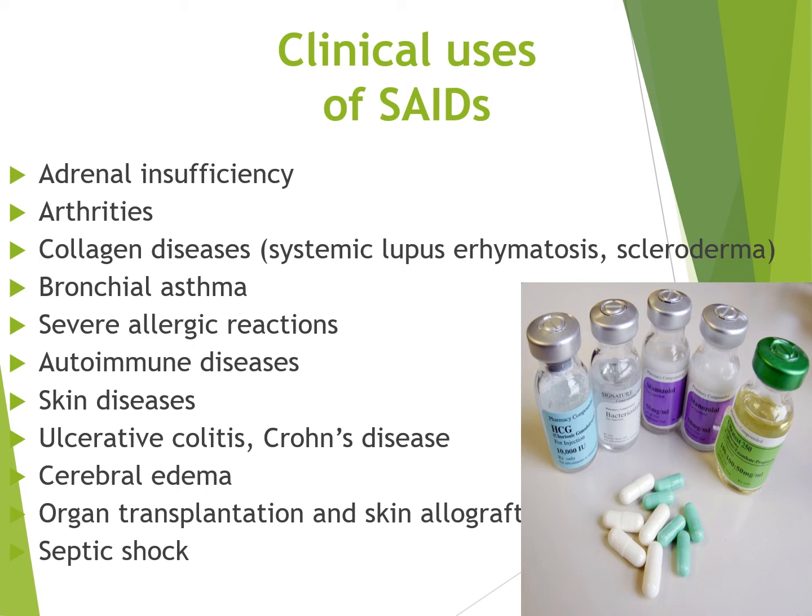May be used orally, maybe as enema, and if not responding to 5-aminosalicylic acid compounds and other measures, we administer glucocorticoids. So remember these main therapeutic usages, main indications for glucocorticoids.